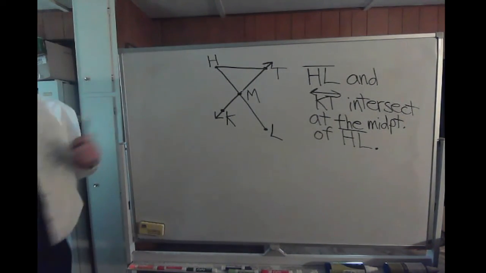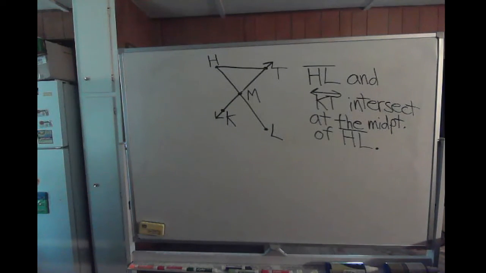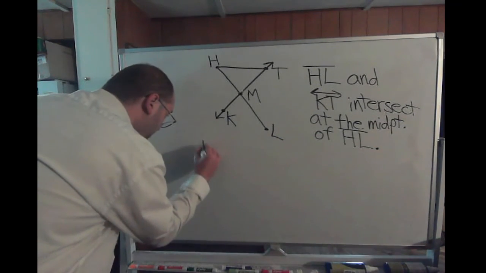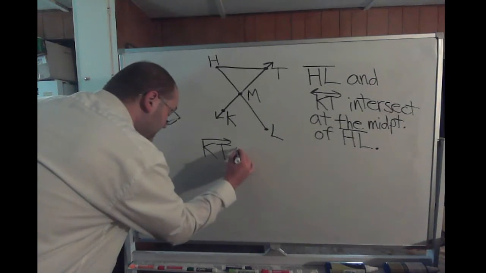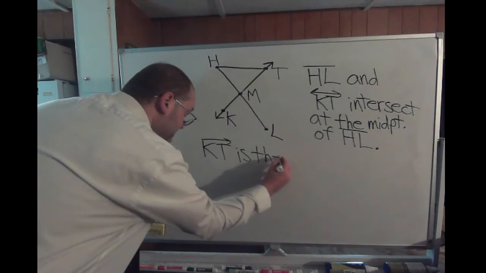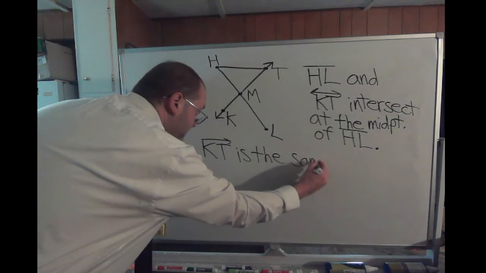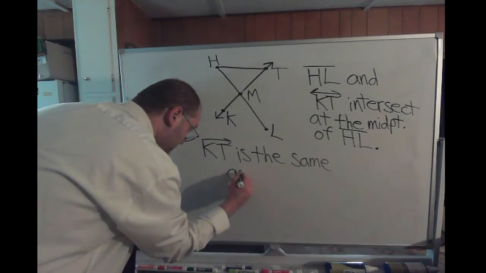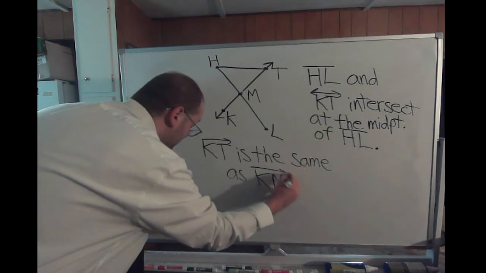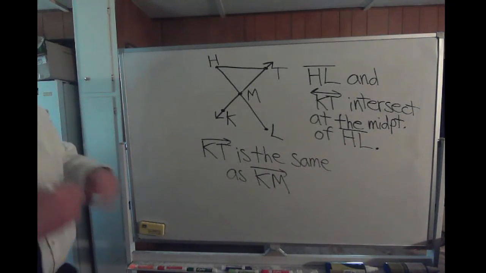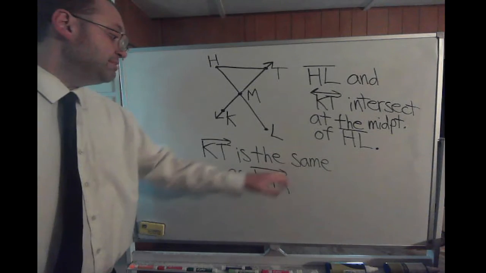It dawned on me for a minute. Okay. Ray KT is the same as ray KM. So this statement, ray KT is the same as ray KM.